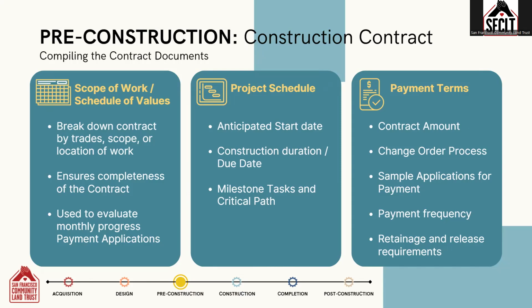Also, throughout construction, it's going to help the construction manager evaluate how much construction has been completed for each monthly application for payment. The contract should also include a project schedule with key dates like the anticipated start date, construction duration, and the anticipated completion date, any due date associated with the lender, and any key milestone and critical path tasks.